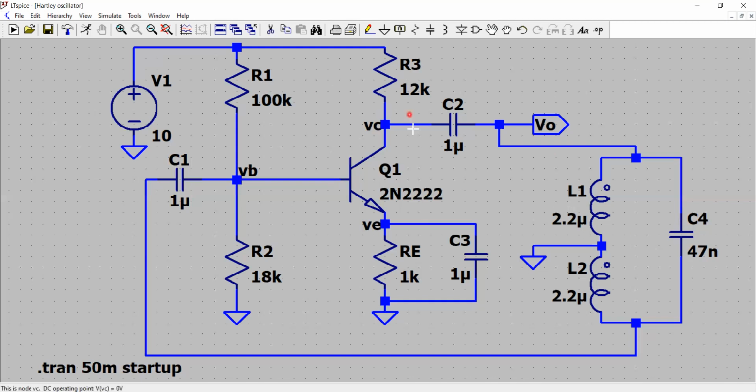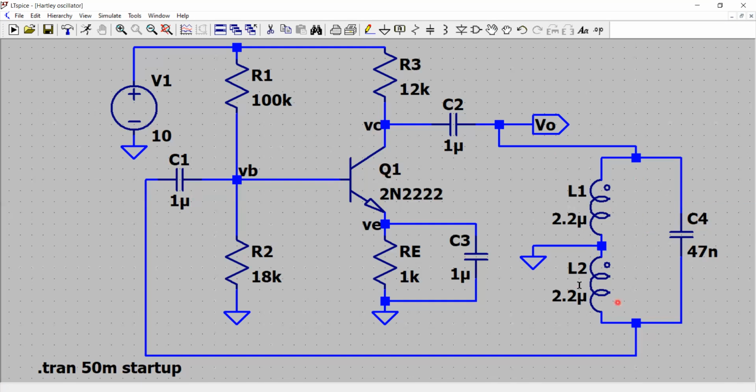Now my A is 12, so let's say A times beta equals 1. It means beta will be 1 over 12. Again, A is 12 and I want A times beta equal to 1 minimum, so beta will be 1 over A, which is 1 over 12.